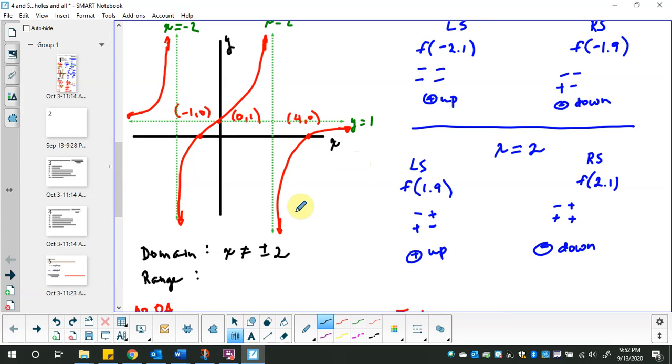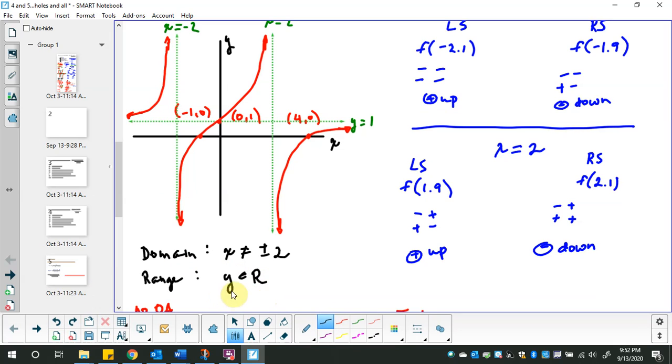It should be y can't equal 1, but the thing is, this one actually goes right through 1, so your answer is that, oh, I did it with the button again. Bear with me. Y is every number on the face of the earth.